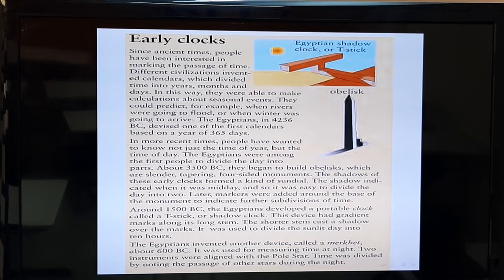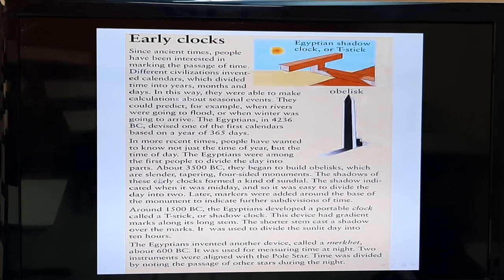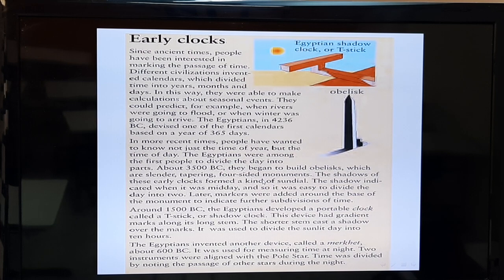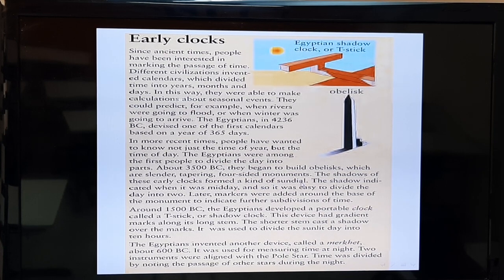obelisks, okay, which are cylinders. This is the illustration of this tool that you see in the picture. Obelisks are slender, tapering, four-sided monuments. The shadow of these early clocks formed a kind of sundial.